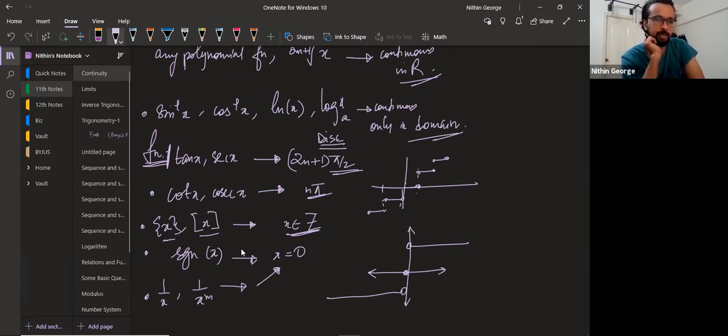Continuous divided by continuous function is a continuous function as long as the denominator is not equal to 0. So note that down as well. Did you note all that down?